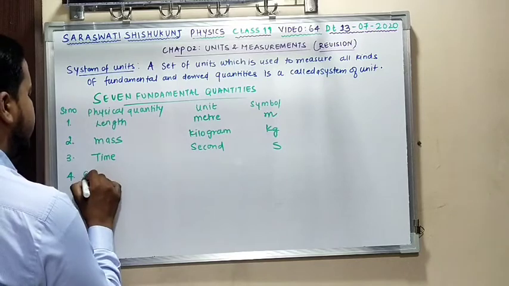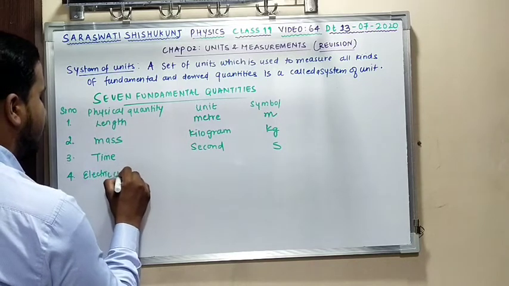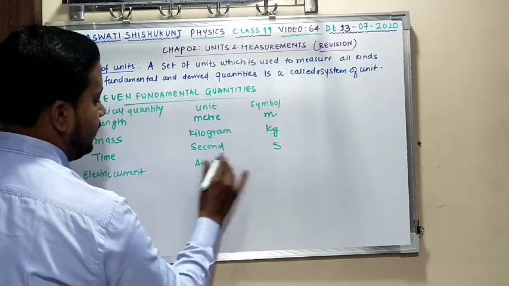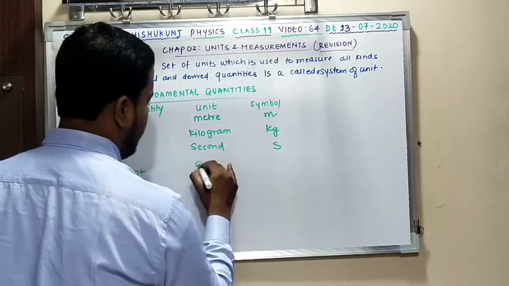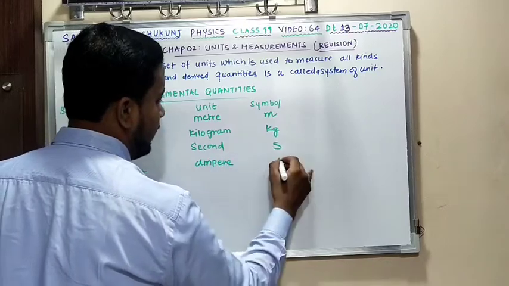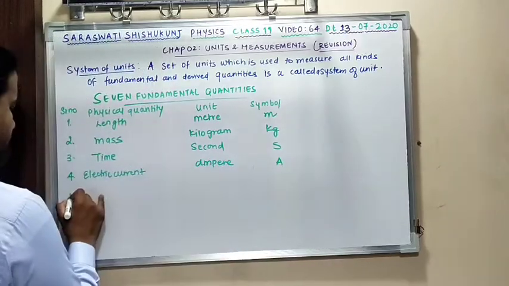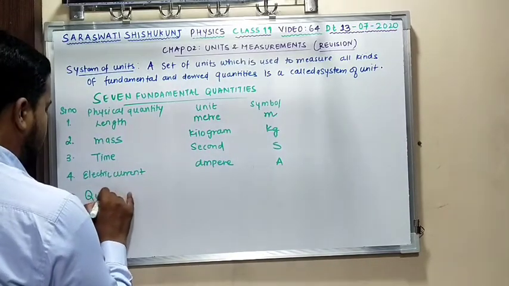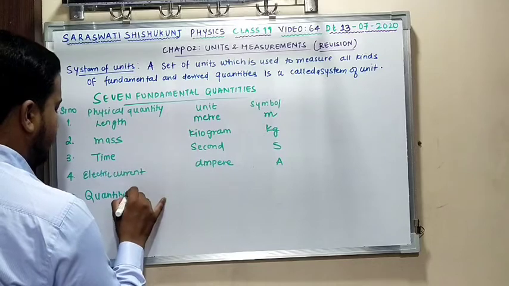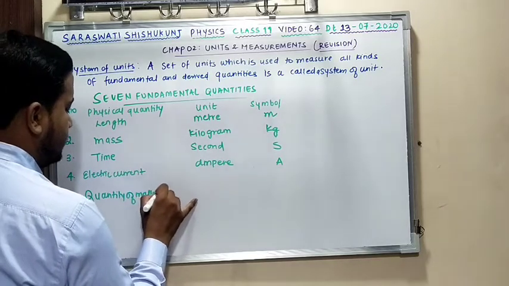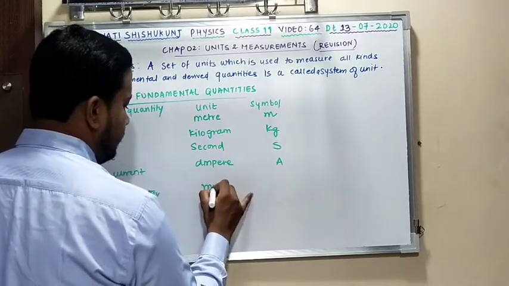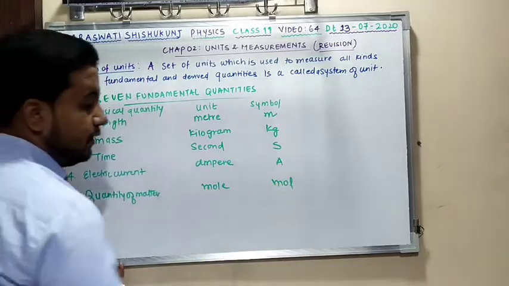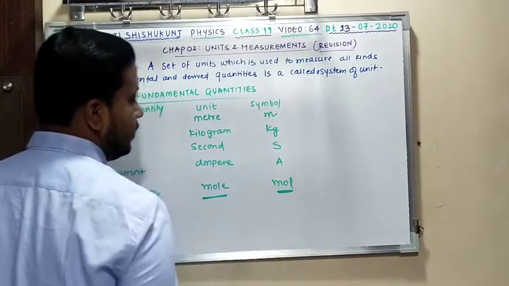Fourth, electric current, unit is named after a scientist, ampere, and symbol is capital A. Fifth quantity is the amount of substance, unit is mole. Is this clear? Remember one thing here, unit is mole and unit symbol is mol.